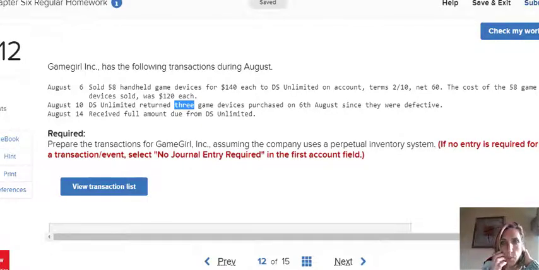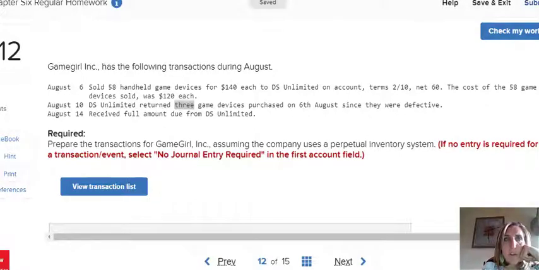So those were defective. That should reflect the number of games returned and that the customer no longer owes us for that product. So it doesn't have anything to do with our inventory on this journal entry. In real life, that would be an issue, but these are defective. So we're not placing them back on our shelf.